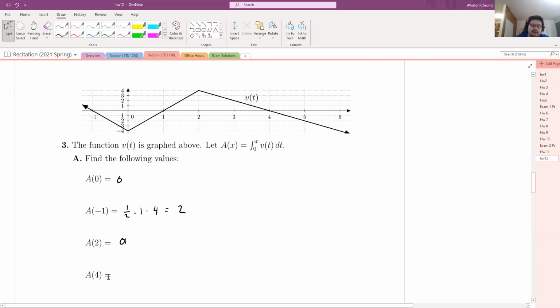And then for A of 4, integral from 0 to 4. Because 0 to 2 has the integral equal to 0, we can just think of this as being 2 to 4. And so the calculation we need to do is 1/2 times 2 times 4, which is going to be 4.